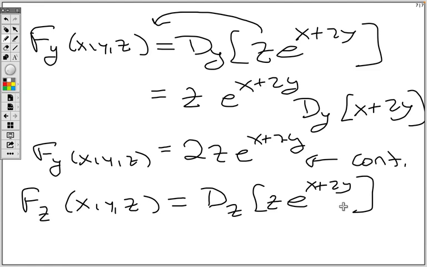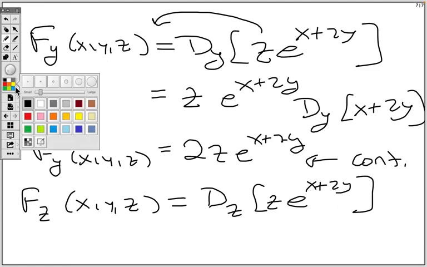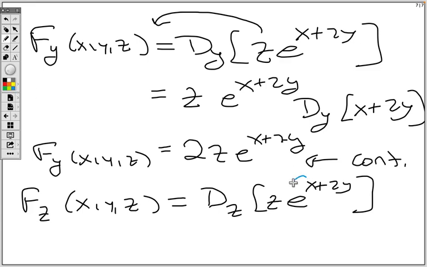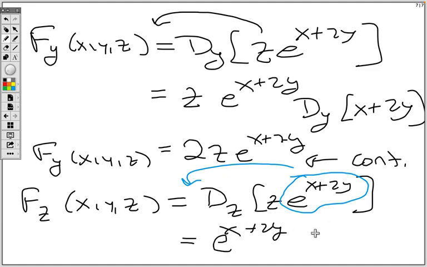So that means that this whole thing, e to the x plus 2y, that whole thing is considered a what? Constant. So I just pull that out, and what's the derivative of z with respect to z? Yeah, it's just 1. And so this is continuous.